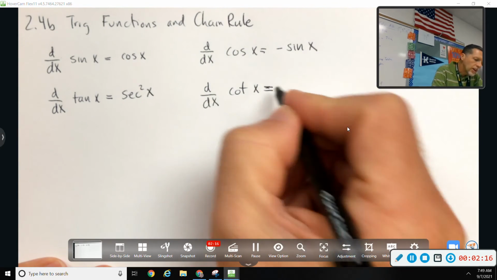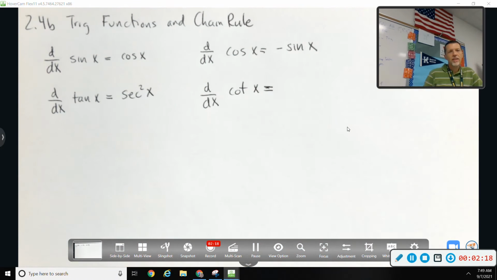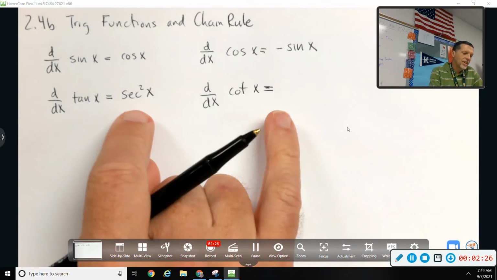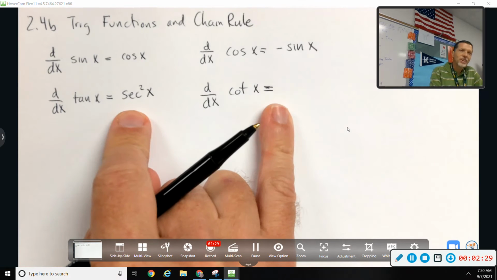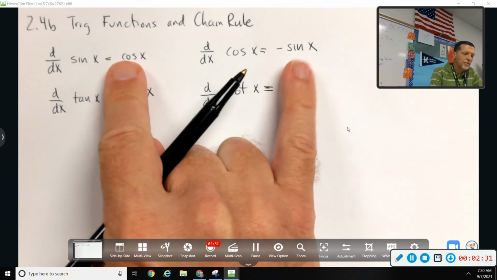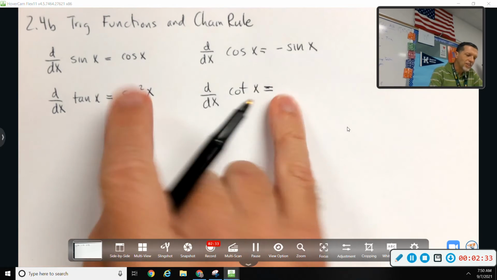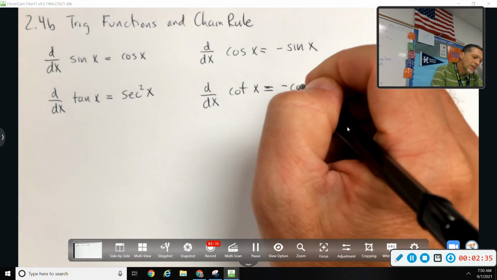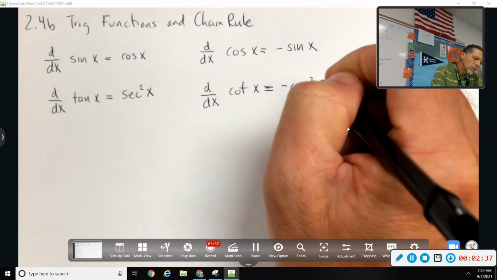Derivative of cotangent of x. I don't know if there's enough of a pattern there yet to make a guess. Negative cosecant squared. Cosine became negative sine. Secant's going to become negative cosecant squared of x.